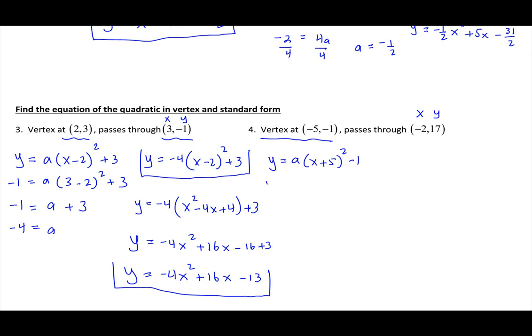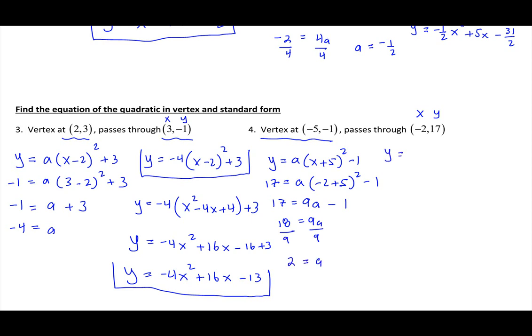So we plug it in, so we get 17 is equal to a (-2 + 5)² - 1. That's 3 squared, which is 9. So 9 times a, right, minus 1 is equal to 17. Add 1 to both sides. 18 is equal to 9a. We divide by 9. So a is 2.